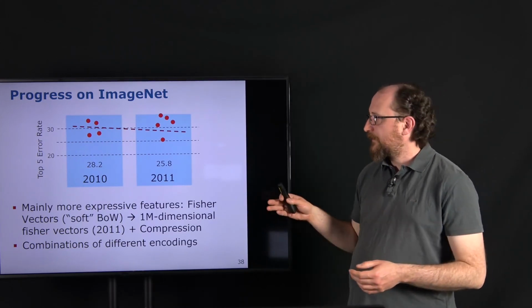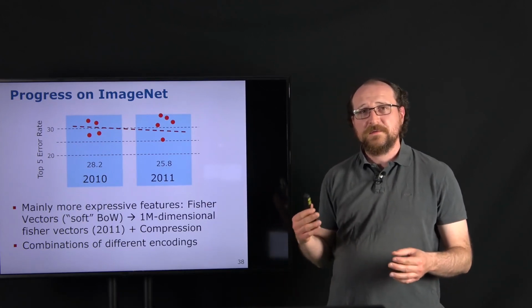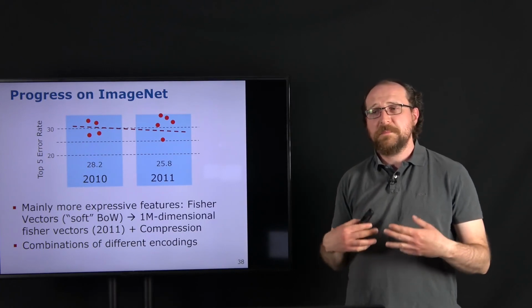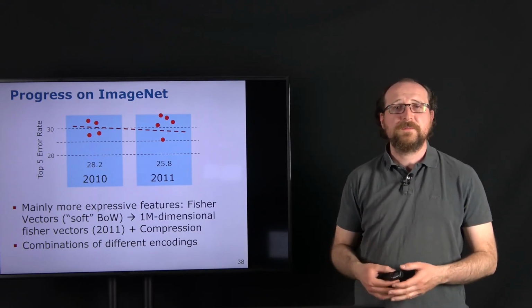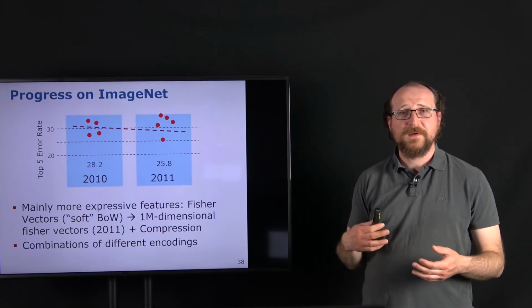And this is somehow the end of this lecture. The thing that I wanted to show here was that the main part of the progress was basically to figure out more complex ways to construct features.